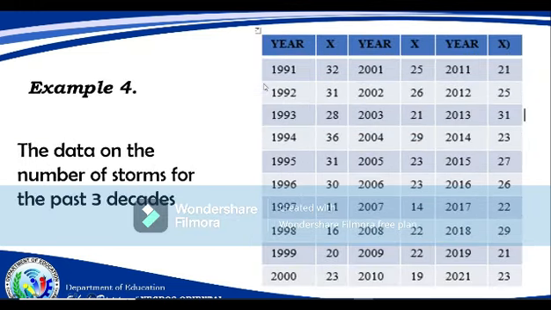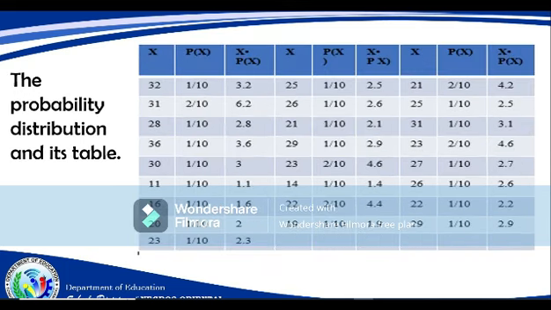Now let us proceed to the next one. We'll start with 25, 26, 21 until 19, and if a value repeats, we write it once. By the way, we still need to get the product of x and p of x.